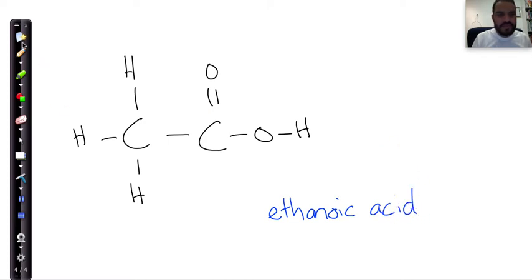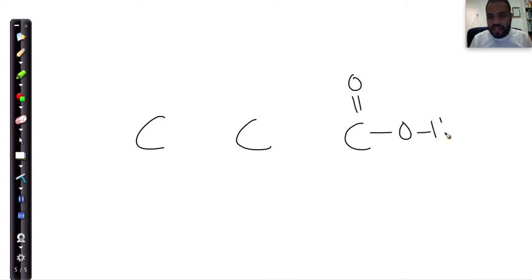Okay. Let's see, what else? Let's try 3 carbon atoms. 1, 2, 3 carbon atoms. Double bond O over there, bonded to oxygen, bonded to hydrogen. There we go.